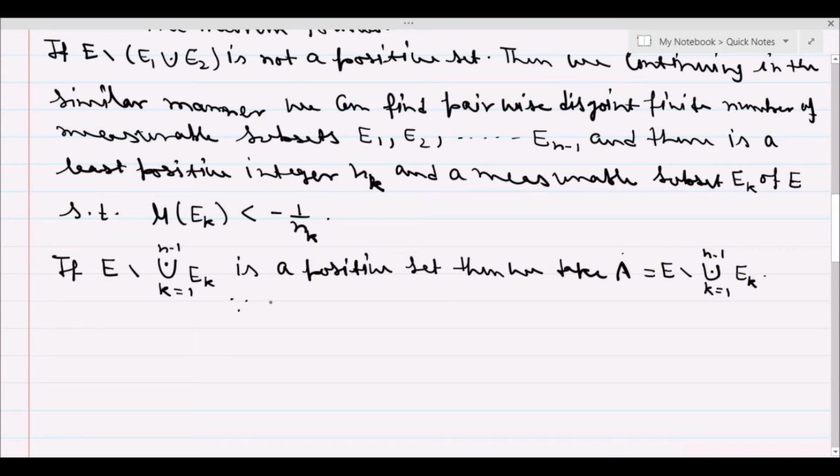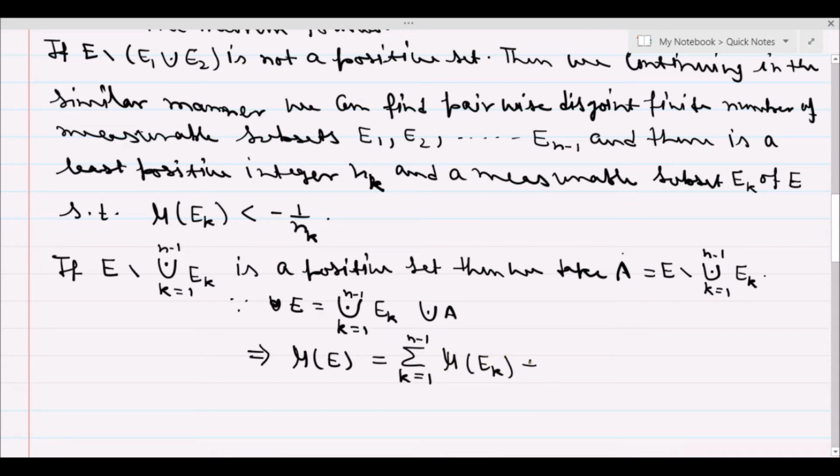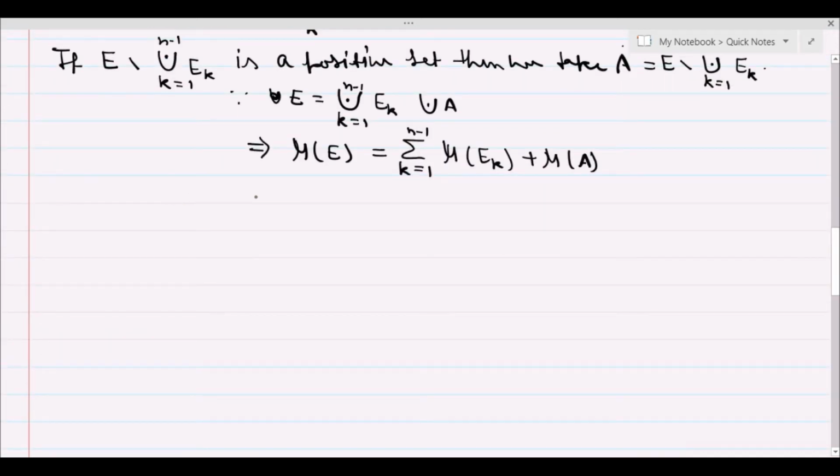Since E is equal to the disjoint union of the Ek for k from 1 to n minus 1 and A, this implies that mu of E is equal to the summation over k from 1 to n minus 1 of mu of Ek plus mu of A. Now over R, mu of A is equal to mu of E minus the summation over k from 1 to n minus 1 of mu of Ek.